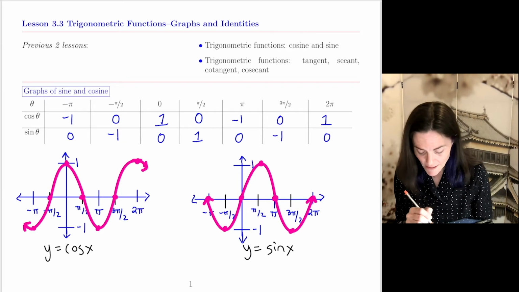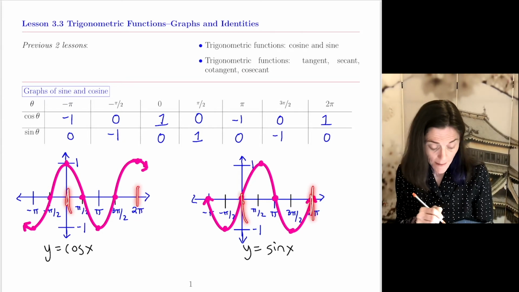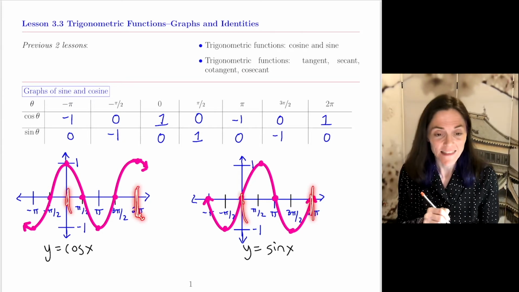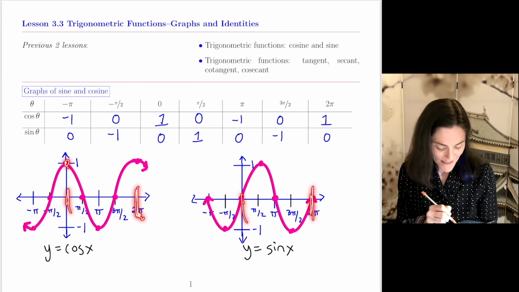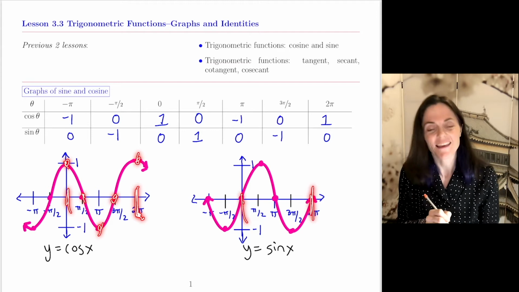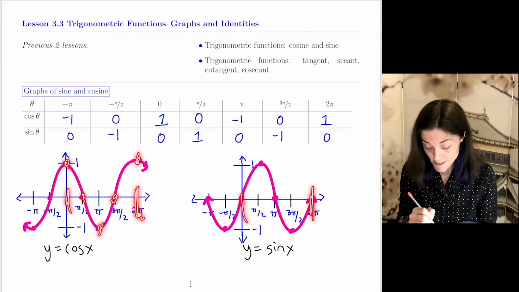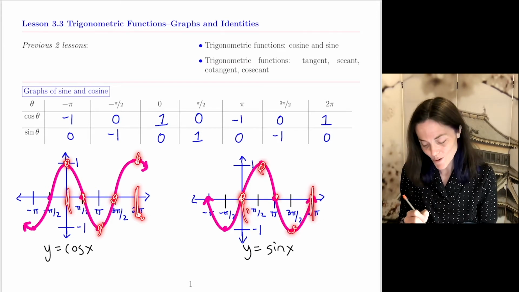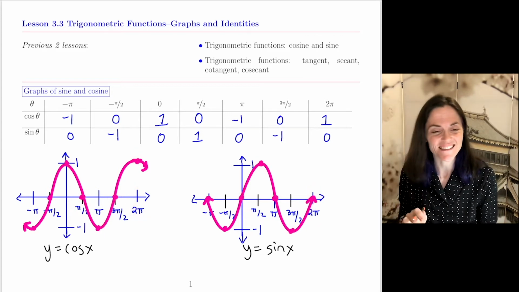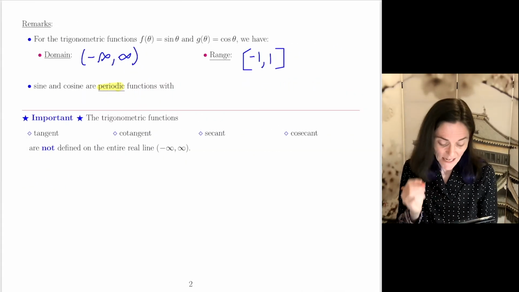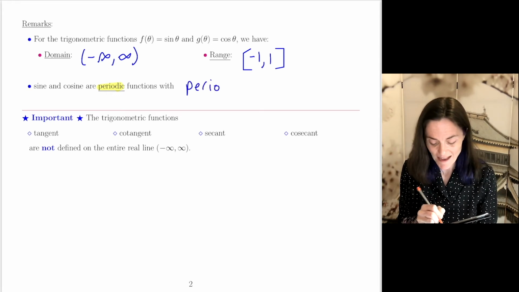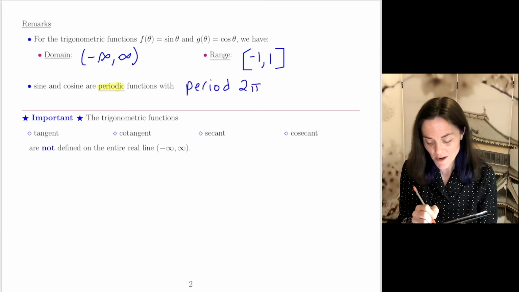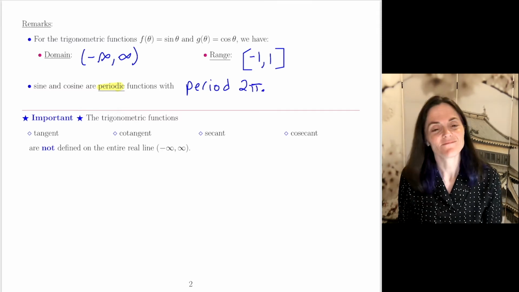The period here is 2 pi for both of these, meaning every 2 pi, the exact same pattern repeats. For cosine, the pattern is high, 0, low, 0, high, if you start at 0, and for sine, it's 0, high, 0, low, 0. So sine and cosine are periodic functions with period 2 pi. This was the important observation to make.